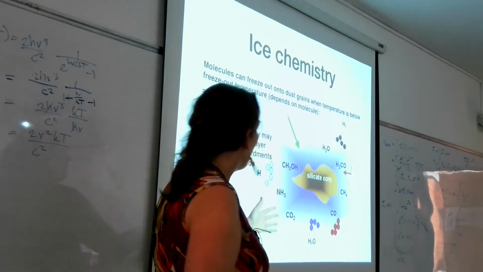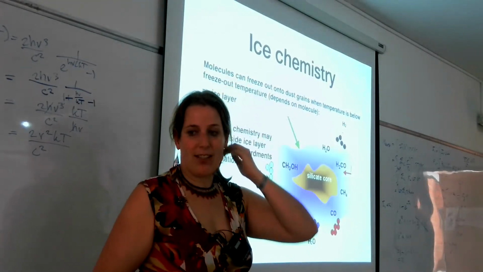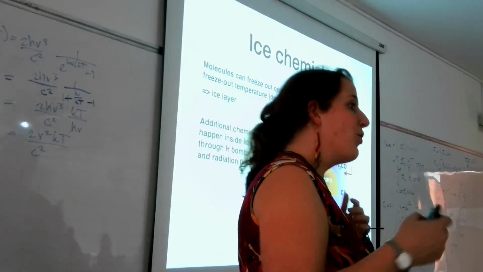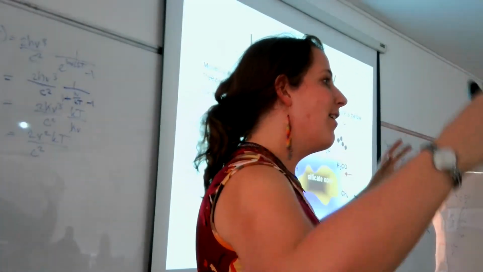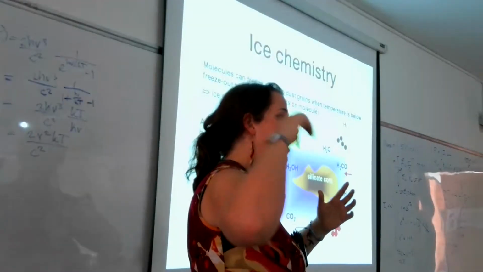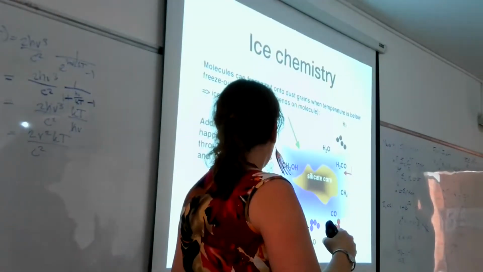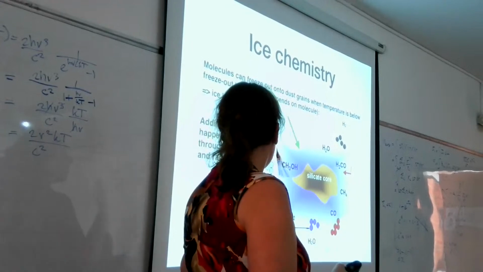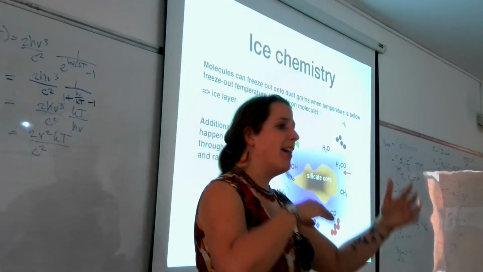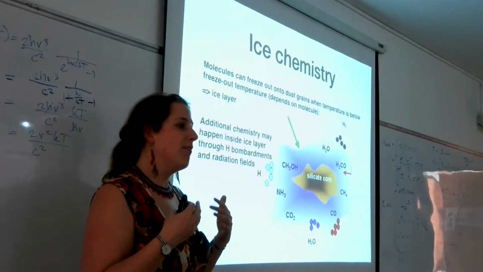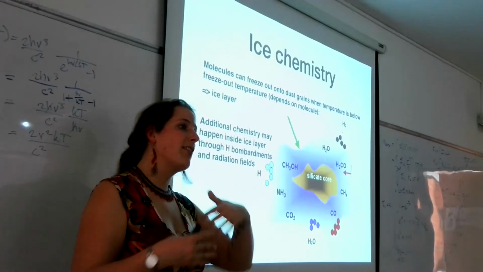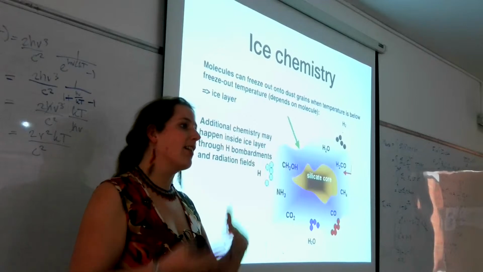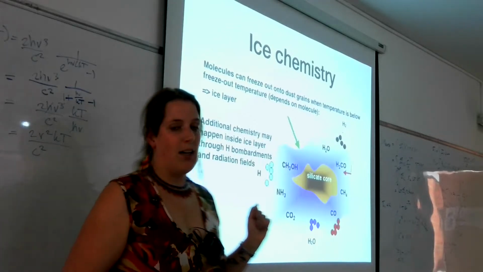And what's really cool about it is that this process actually enables more complicated chemistry, because you have these molecules of ice that can then be bombarded by, for example, hydrogen atoms or additional radiation fields, and the reaction processes are different and sometimes much faster than in the gas phase.